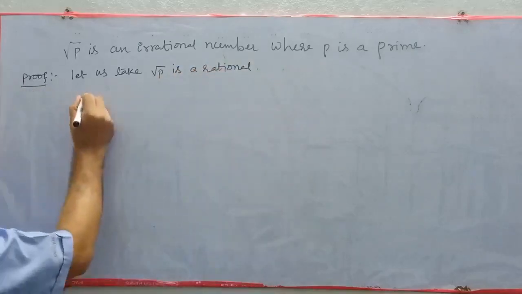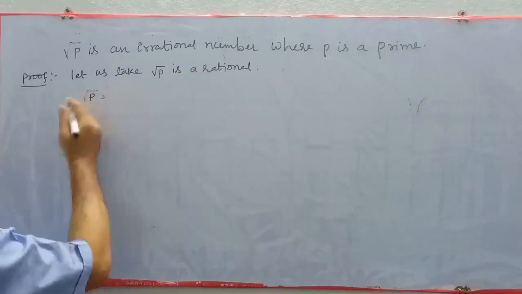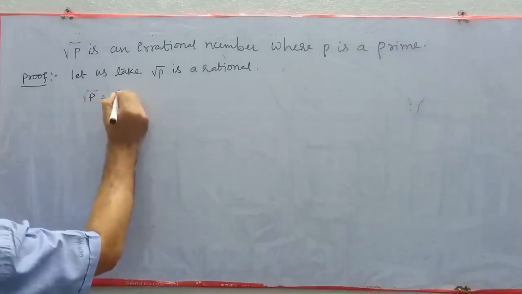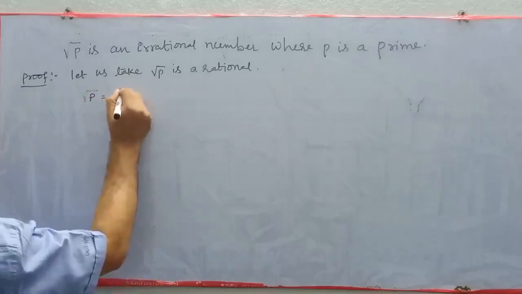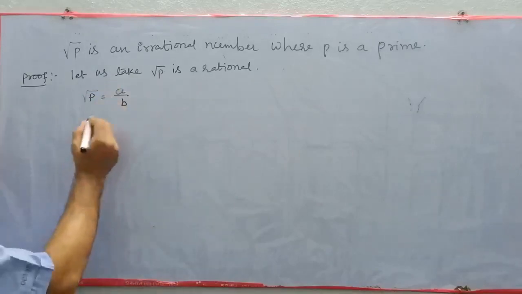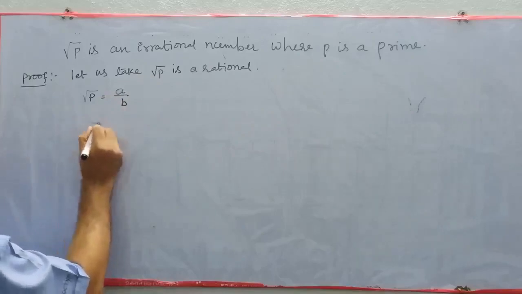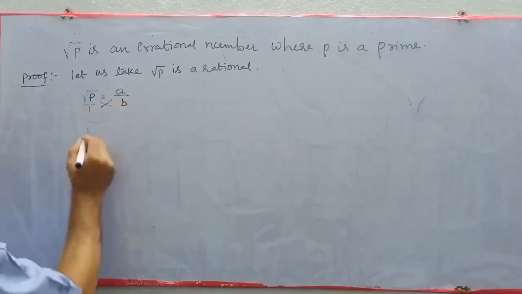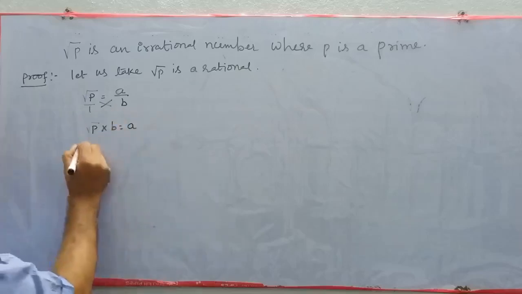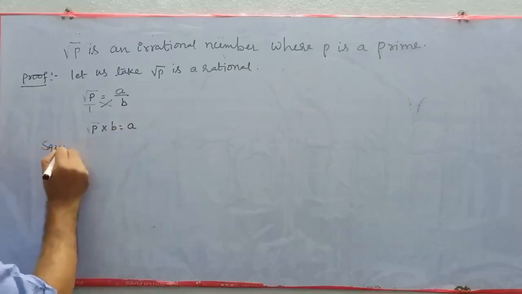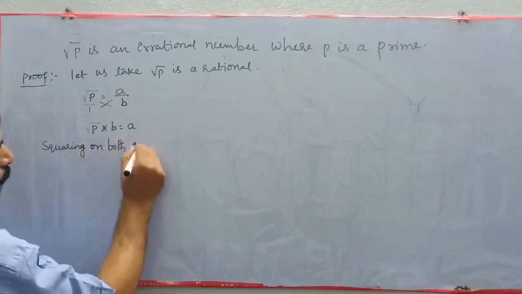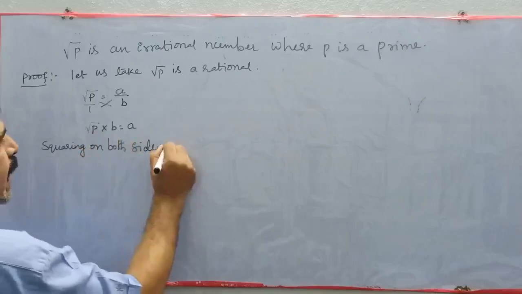Now root P is in the form of P by Q or A by B or X by Y. So now I am taking A by B. Root P is equal to A by B. Now cross multiplication: root P into B is equal to A. Now squaring on both sides, what we get?